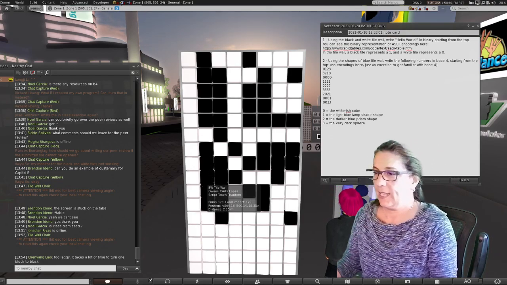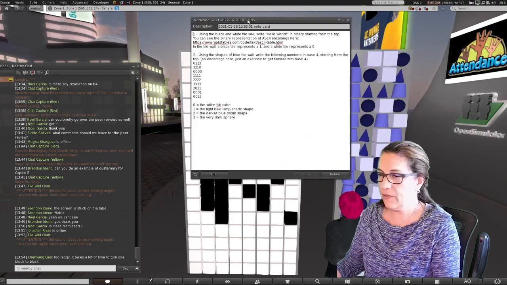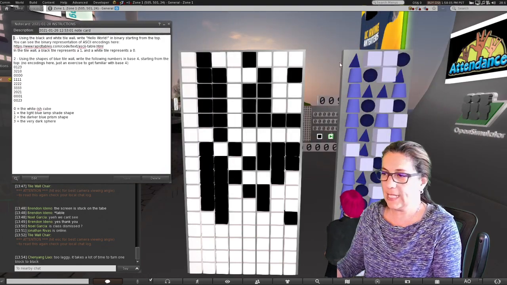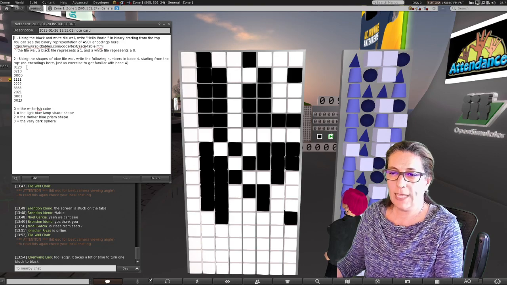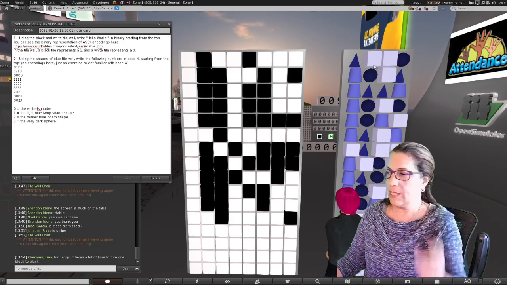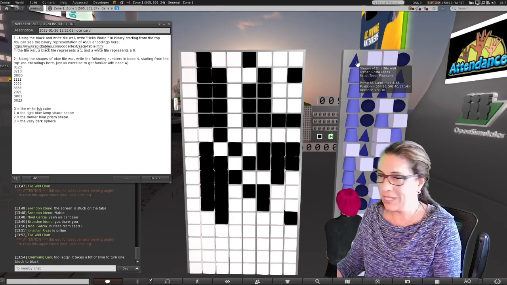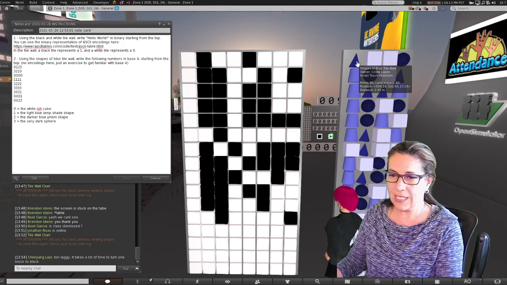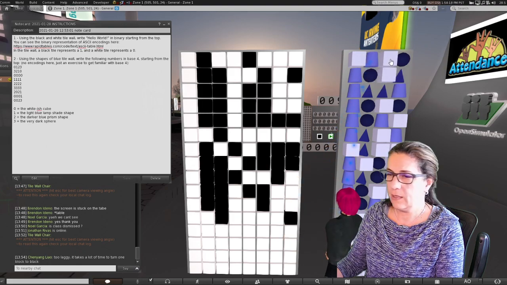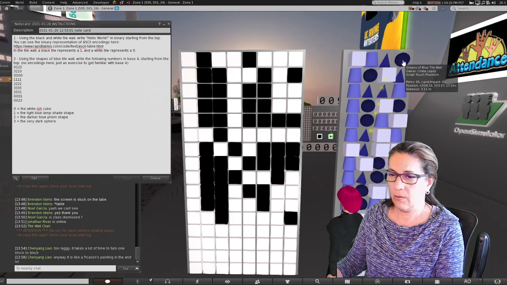And then the other part of this in-class exercise was just to write down these numbers, literally. There are no encodings here, just to get the mechanics of this right. So it should be 0, 1, 2, 3.